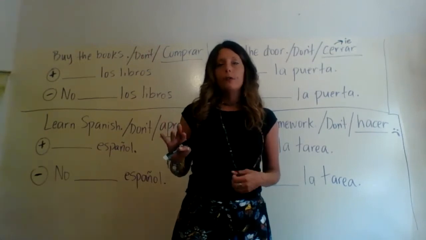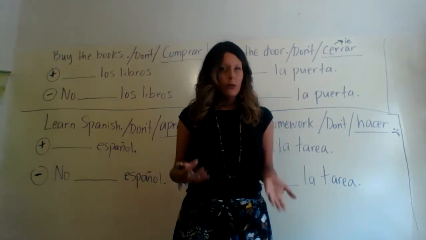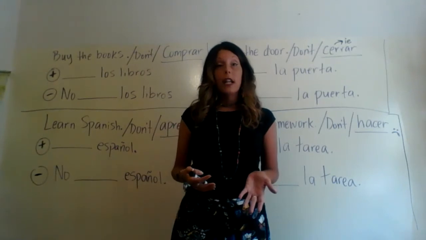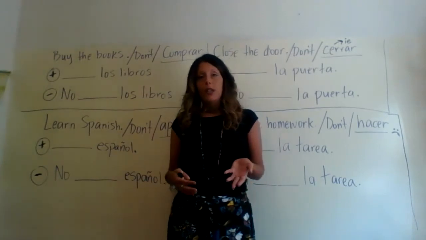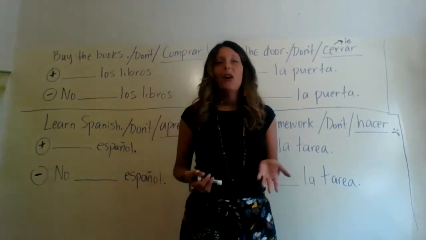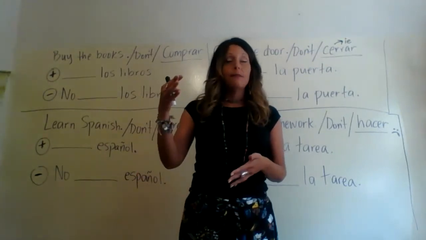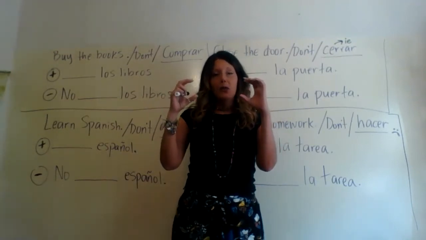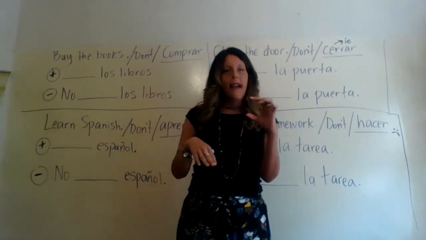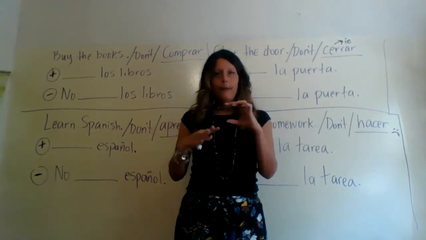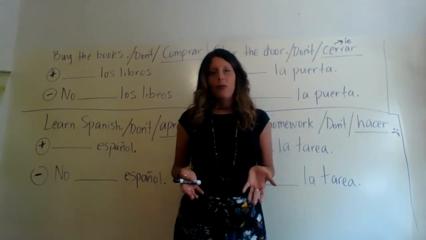We can either go to the present tense and just steal the él, ella, usted conjugation, also known as the third person singular conjugation of the verb comprar, or we could choose option B, which would be to go back to the present tense and take the tú conjugation, the second person singular, but then drop the S from the end of that. And no matter which route we take, we're going to end up at the same answer.